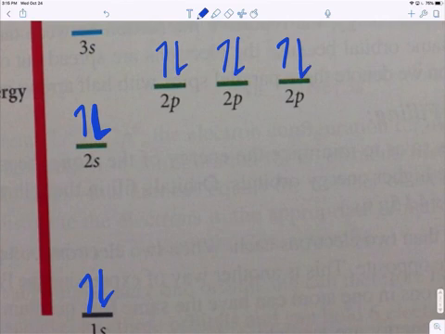Now, a common misconception: paramagnetic or diamagnetic has nothing to do with chemical reactivity. So fluorine has one less. There's fluorine. Fluorine is paramagnetic. It's extremely reactive. Gold is paramagnetic. It's extremely unreactive. Neon, here's neon.